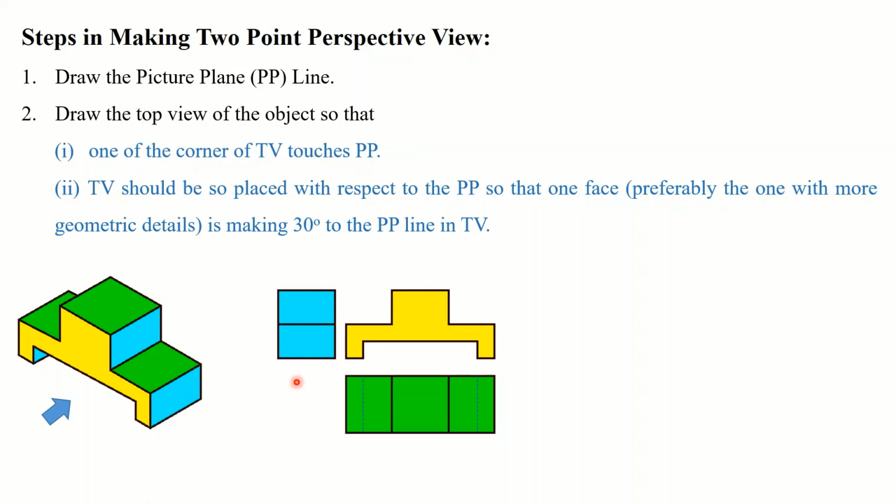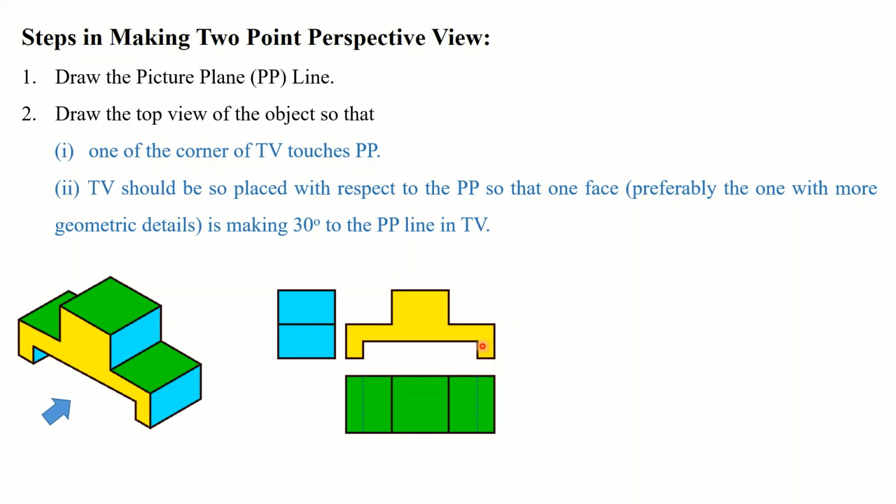So we can say that the front view is giving us more clear-cut geometrical information as compared to the right hand side view. So for this step number 2, we shall consider this yellow colored face to be the one which has more geometrical importance.